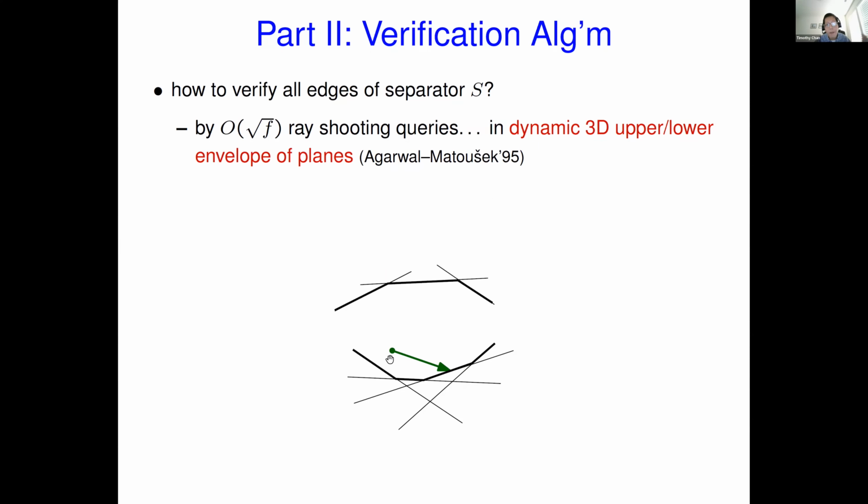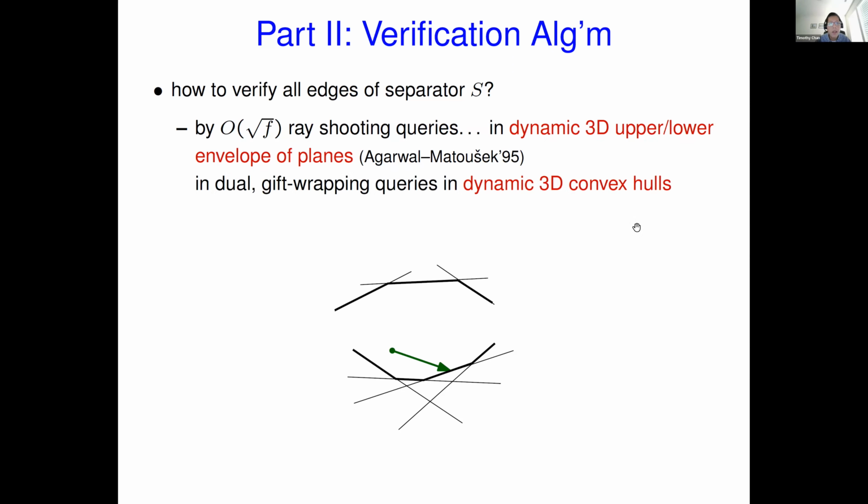As you jump from one vertex to the next, one of the planes will move from one subset to another. So what you actually need is a dynamic data structure for ray shooting in upper or lower envelopes of planes. In the dual, this is the same as dynamic 3D convex hull queries.